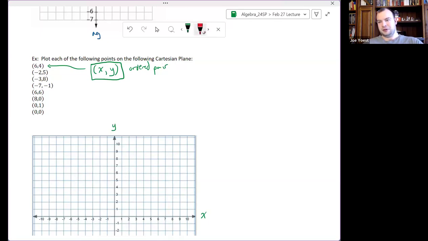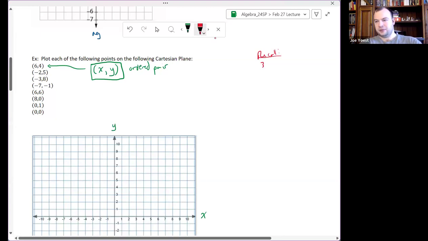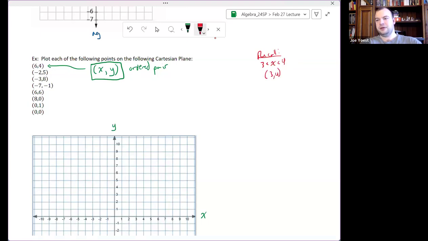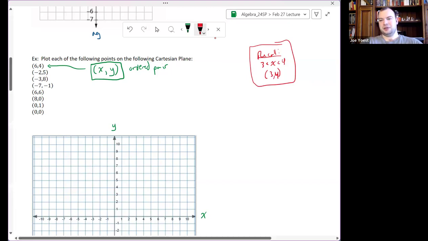So recall, if I had 3 less than X less than 4, I'd write that as the interval (3, 4). So unfortunately, ordered pair notation looks like interval notation. But these are 2 different notations, so not the same.